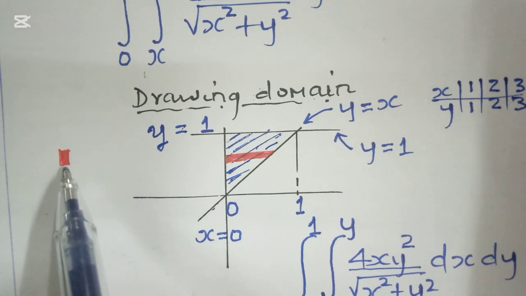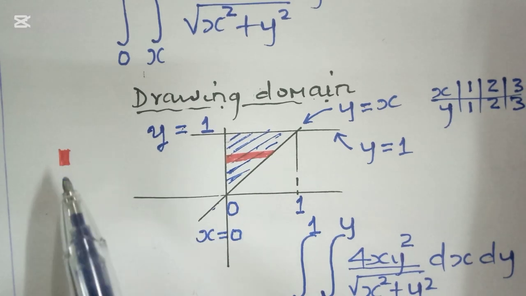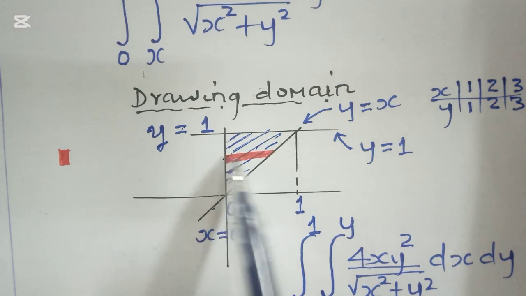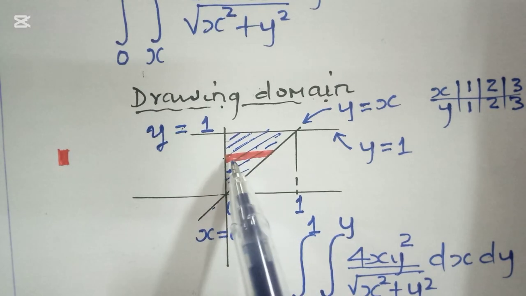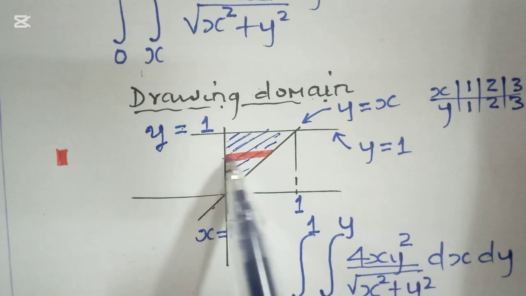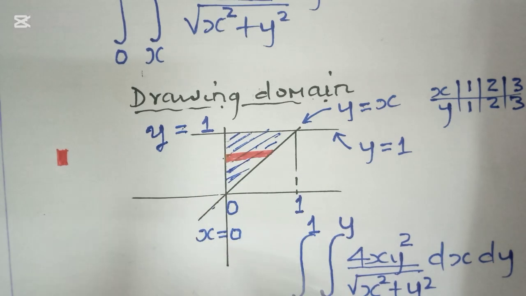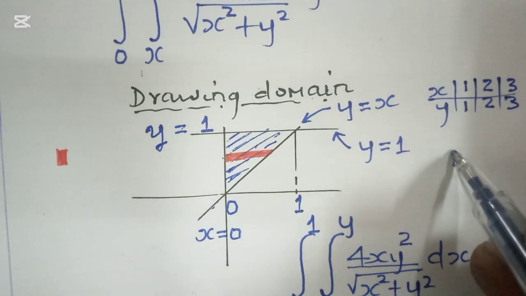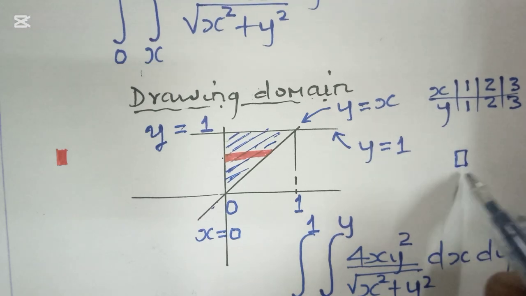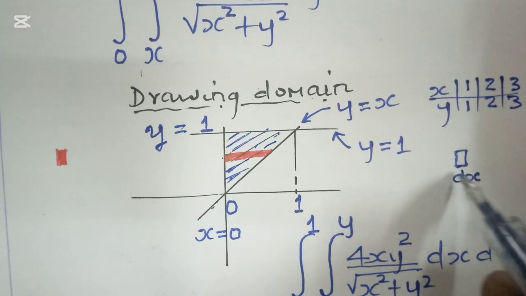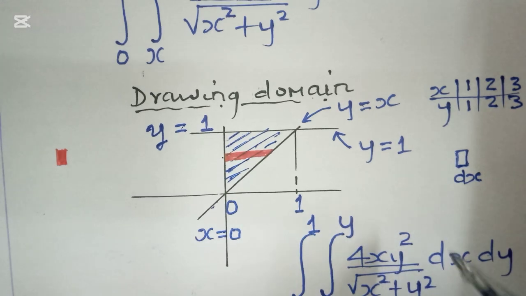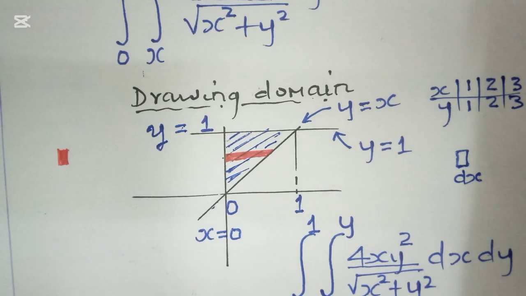In that element we can integrate from this point to this point, and when you integrate that element you are going to have this strip. So the element will have dx on this side, and y on the other side.